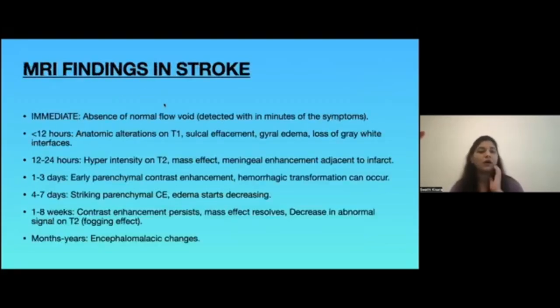The following are the spectrum of MRI findings in stroke. Immediately, that is in the hyperacute stage, the MRI finding can be merely absence of normal flow void. This can be detected within minutes of the symptoms. In less than 12 hours, anatomic alterations on T1 can be detected.